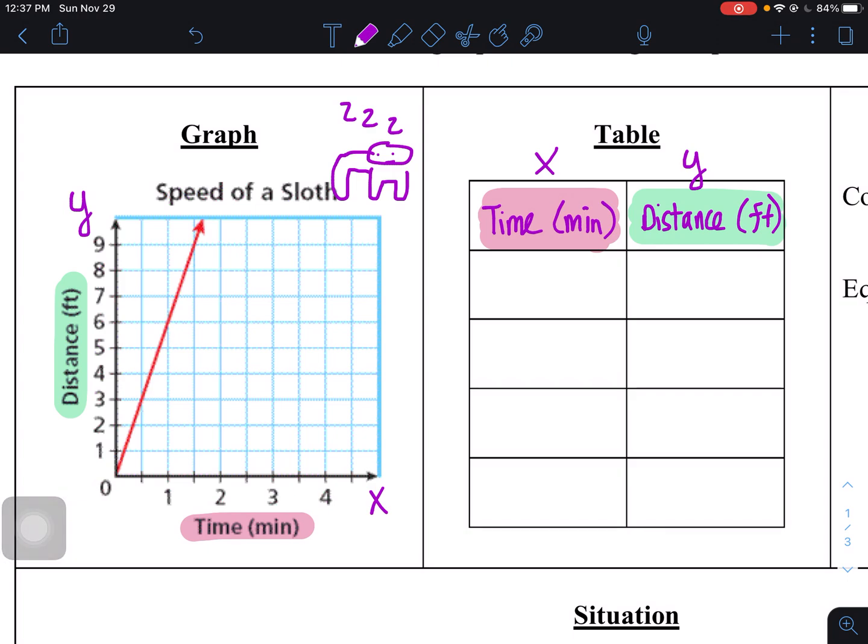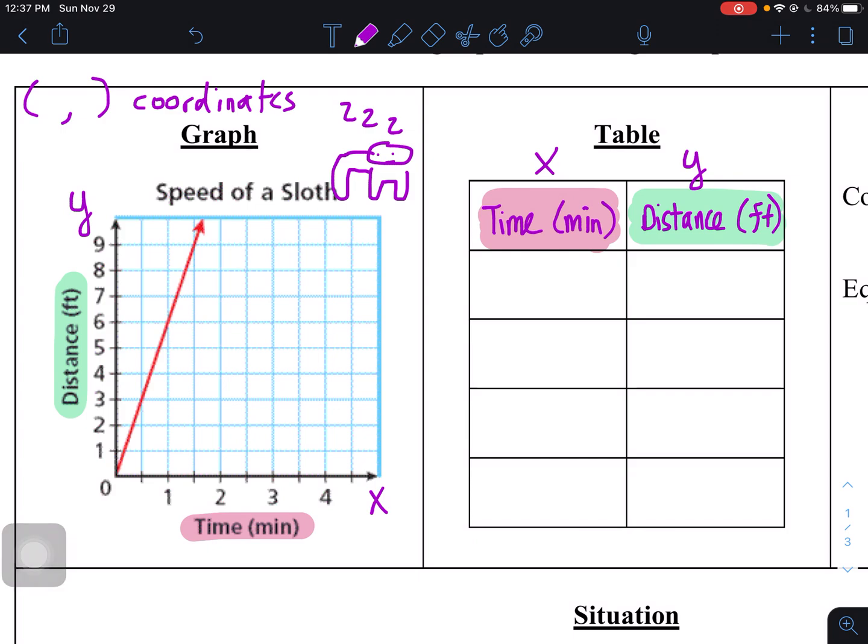So now we need to pick some points so that we can put these points in our table. And remember, we call these points coordinates. When you pick a point, try to pick a point that falls on this blue grid because it will be easier to tell what the numbers actually mean.